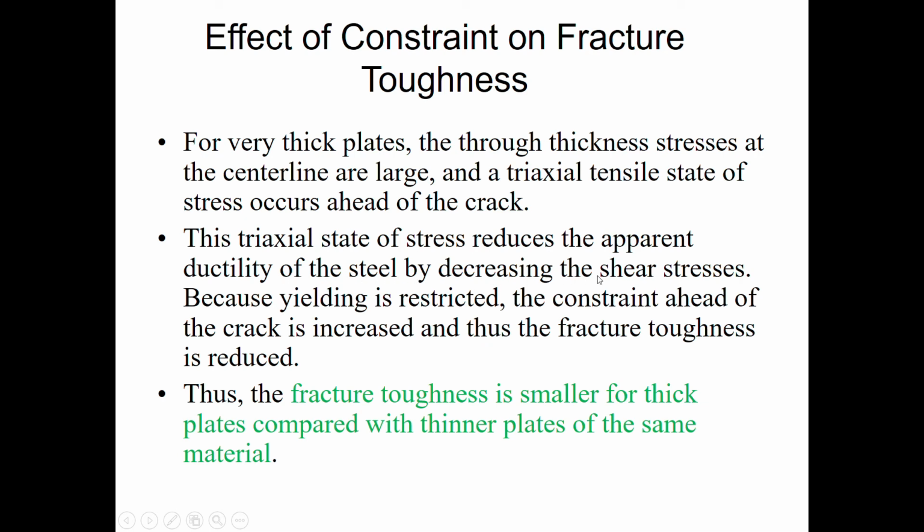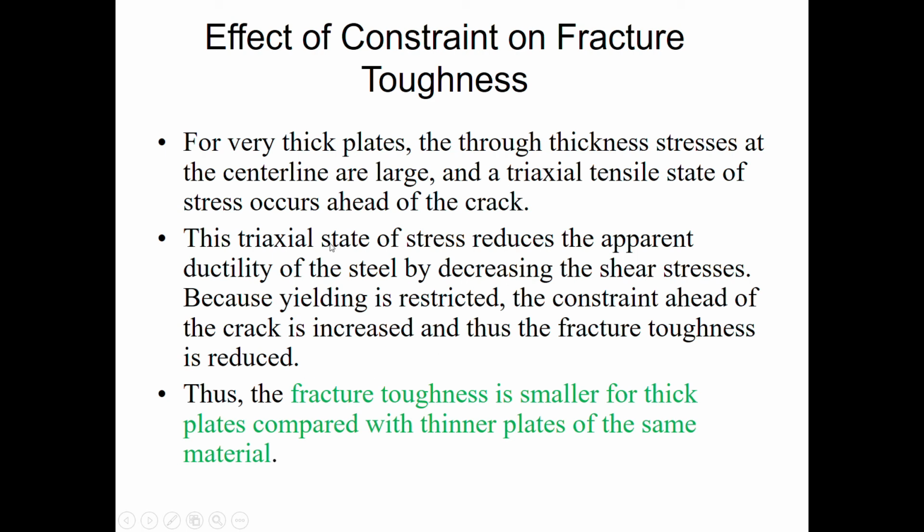You need to understand what a triaxial state is: it means there are sigma xx, sigma yy, and sigma zz. Because yielding is restricted, the constraint ahead of the crack is increased, and thus the fracture toughness is reduced. Thus, the fracture toughness is smaller for thick plates compared with thinner plates of the same material.